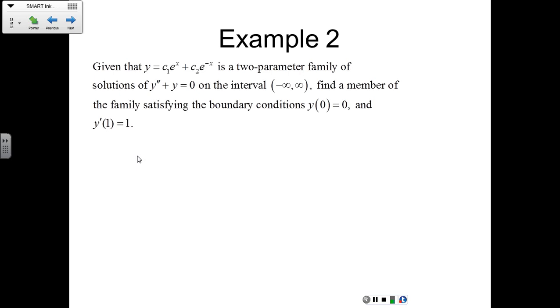So let's start off with what we got here. This is a two-parameter family of solutions to this differential equation, y double prime plus y equals 0, on the interval from negative infinity to infinity. Find a member of the family satisfying the boundary conditions y of 0 equals 0 and y prime of 1 equal to 1. So I'm going to start off with the y of 0 equal to 0.